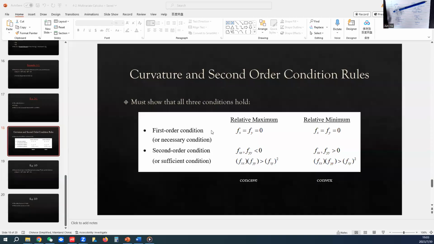So in the multivariate case, as the shared screen is indicating, we still hold the same result. Say for the direct second derivative, for the case where there is a relative maximum, namely there is a concavity, then the direct second derivatives should be smaller than 0.